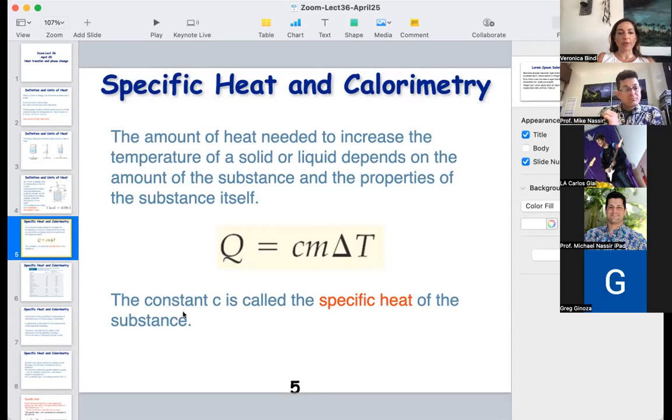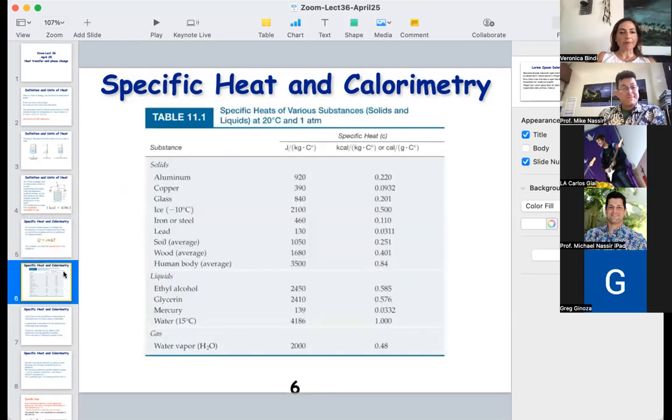And so we call Q, the amount of heat needed, equal to c m delta T, where c is called the specific heat of the substance. Delta T is the temperature change, and m is the amount of the substance, so the mass. So here we have the specific heat for some of the different substances.